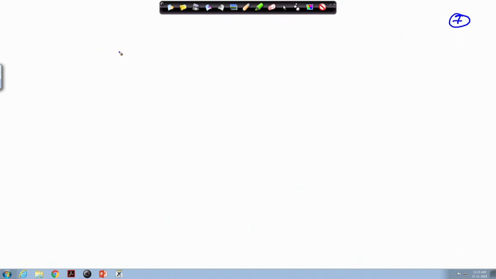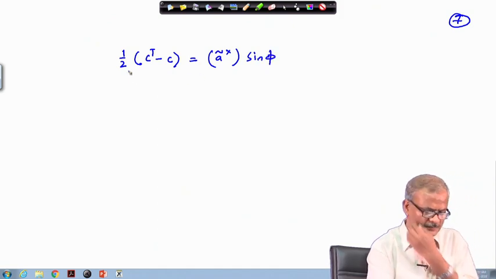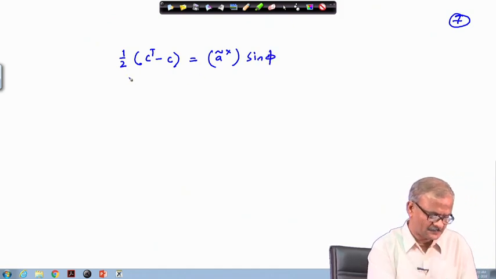So, we have here 1 by 2 C transpose minus C, this we are writing as A tilde cross sin phi, or either we can write sin phi on the other side.